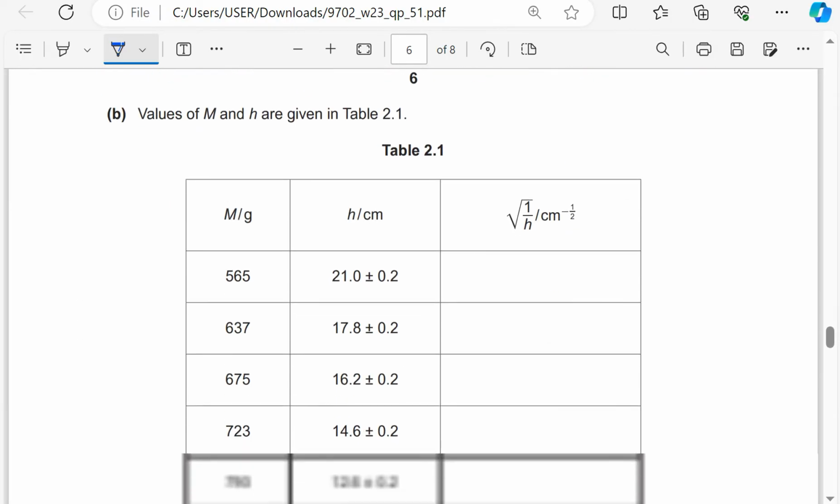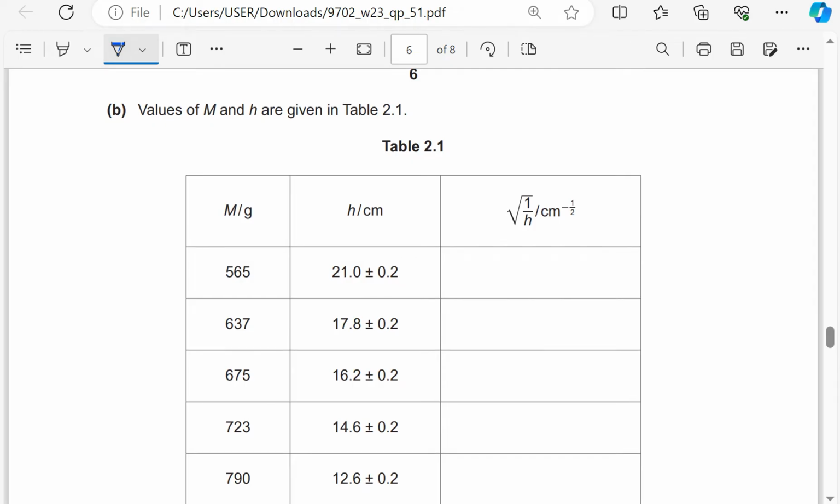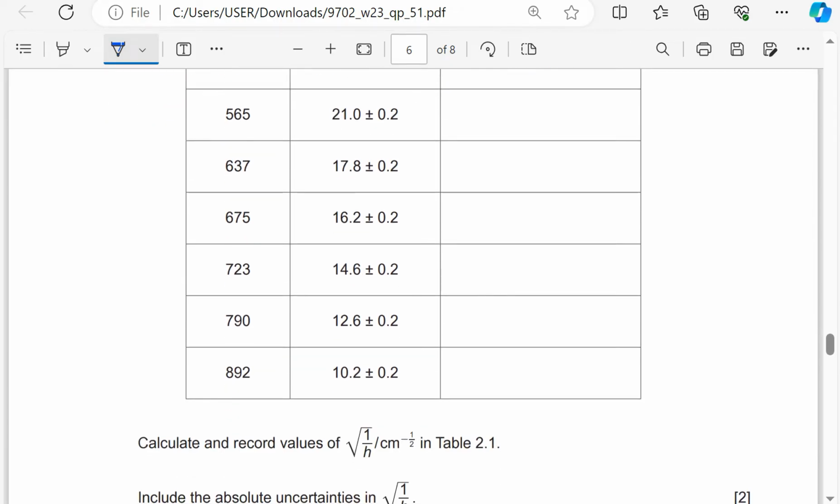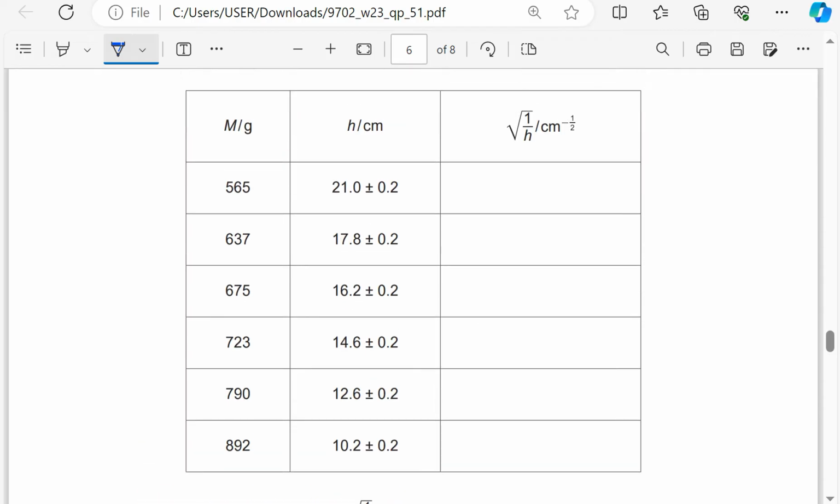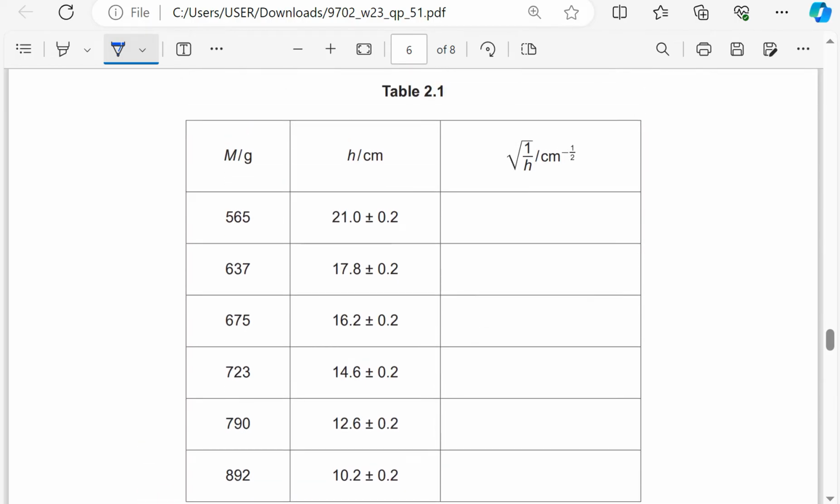Okay, so values of m and h are given in table 2.1. Calculate and record values of 1 over root of 1 over h in the table. Include absolute uncertainties in root of 1 over h. We are just going to maintain the number of significant figures for simplicity. So these are 3 significant figures each.